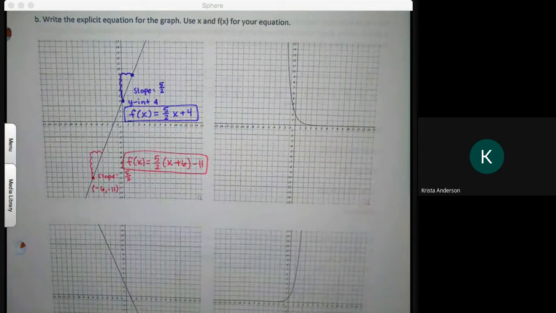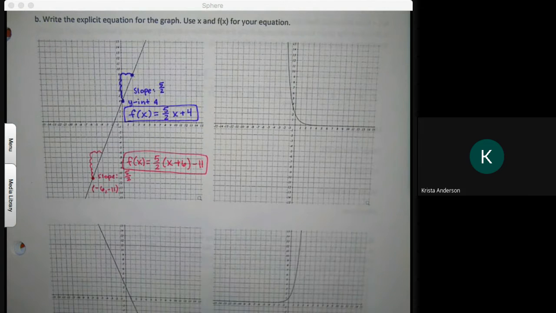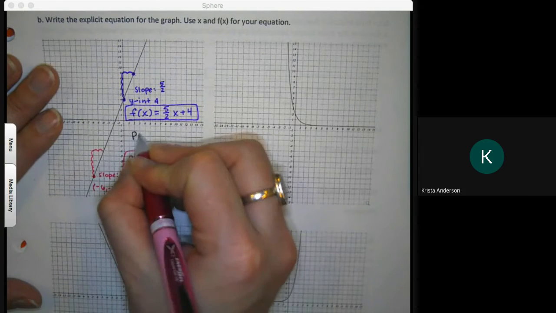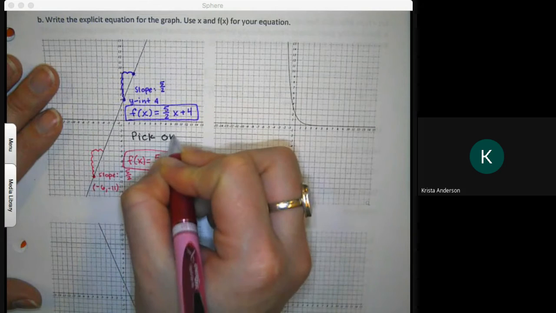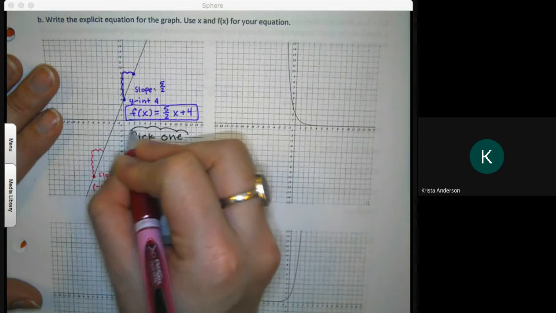You choose one. Do not do both. You just pick one equation that you like writing and write that one. You do not need to write both.